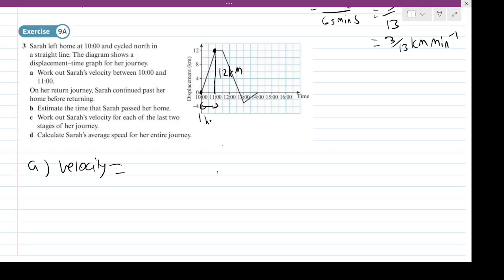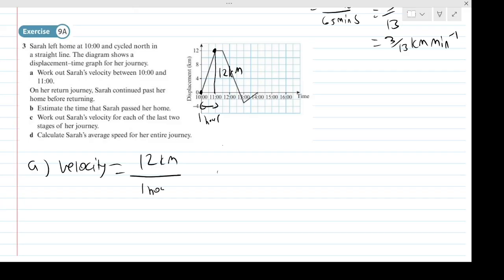It doesn't specify the unit, so the velocity is 12 kilometers over 1 hour. That's simply 12 kilometers per hour, or 12 km h to the minus 1.